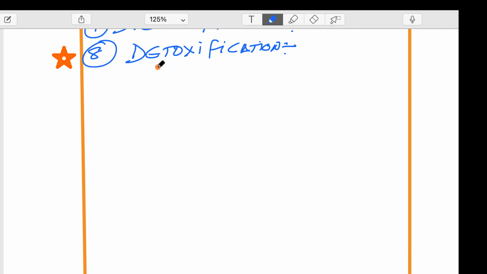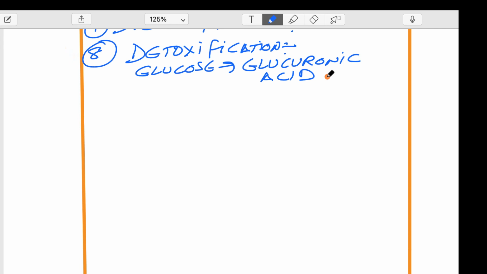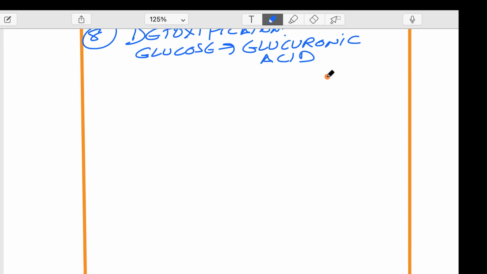One example is that from glucose there is formation of glucuronic acid. This glucuronic acid is a detoxifying agent. It combines with bilirubin, which is a toxic substance, making it soluble in water so that it facilitates the removal of bilirubin from the body.